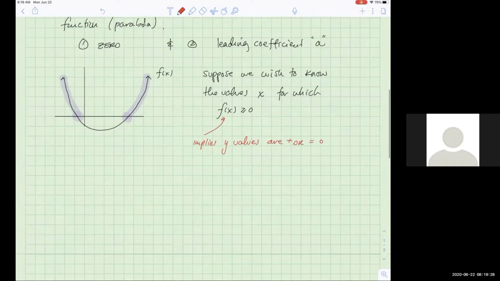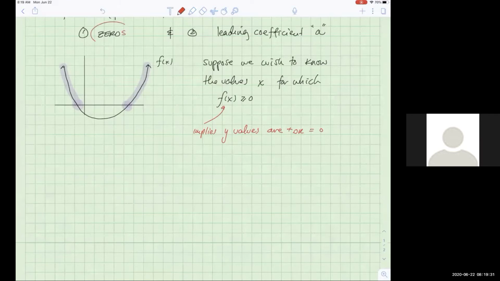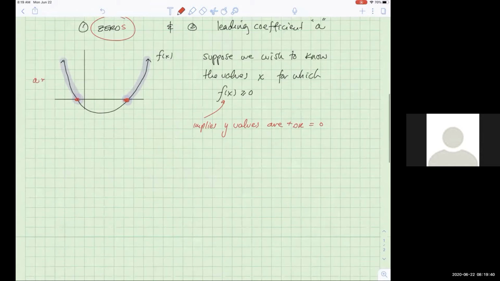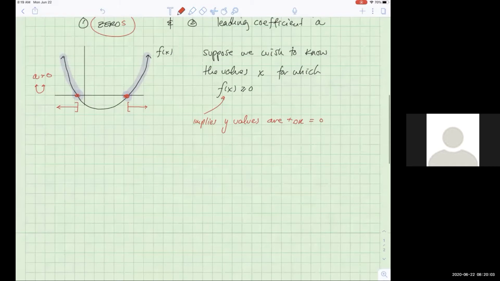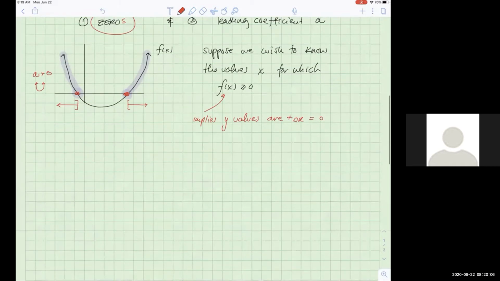So what do we really want? Well, first of all, we want our zeros here. That'll be these points. And then in this particular case, because the A value is greater than 0, this parabola opens upward, and it's always going to be above the axis on the outside of its zeros, and of course equal to 0 at its zeros. So what are the x values for which the parabola is above the x-axis, or equal?